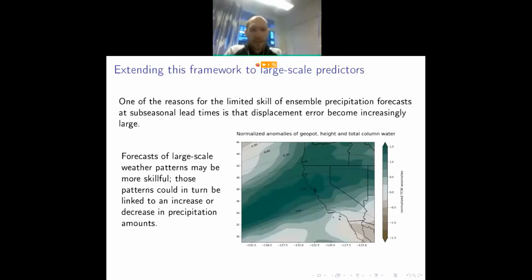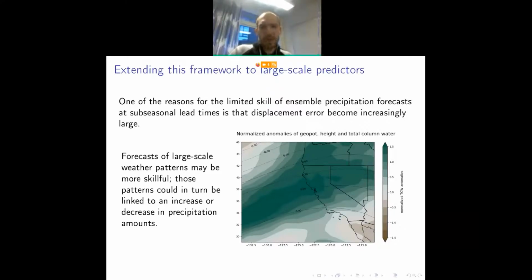But on the subseasonal time scale, one can argue that the displacement errors become so big that instead of looking at the precipitation forecasts, we should rather look at certain large-scale predictors, as there may be a better chance that the forecast systems get those right, and then relate these large-scale predictors to the precipitation on the ground.